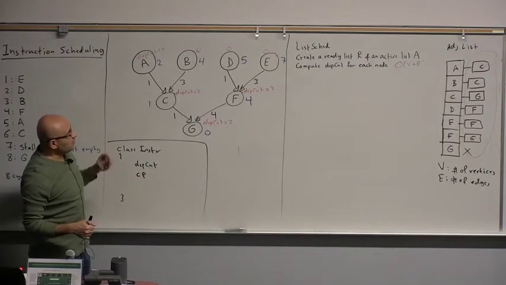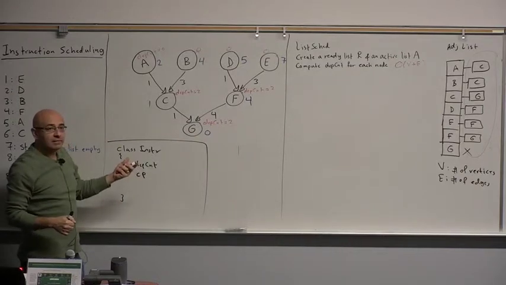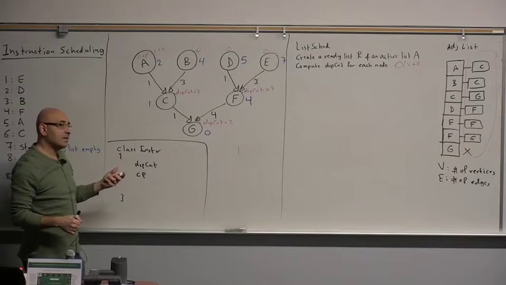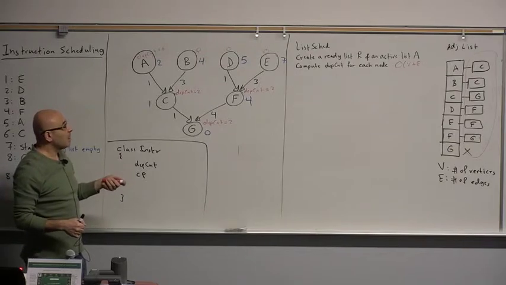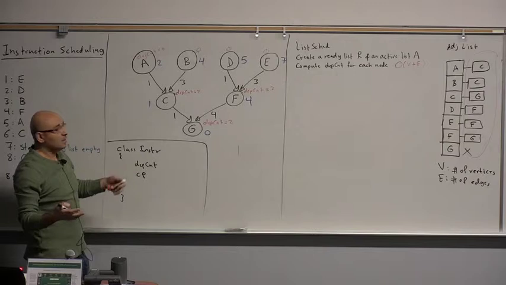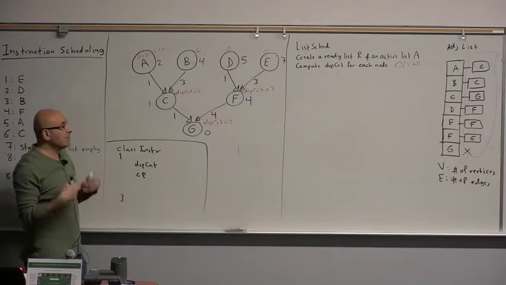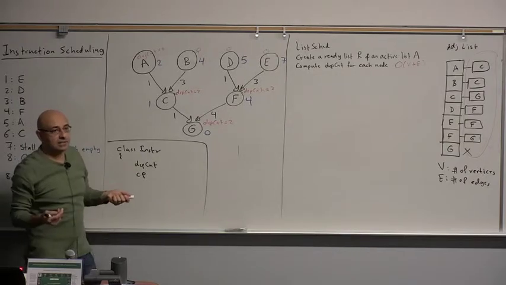Okay. Now we compute the dep count. Then what's the next step? For each node whose dep count is 0, we add it to the ready list.